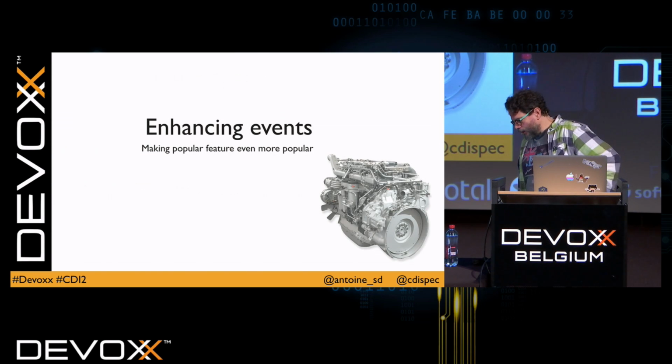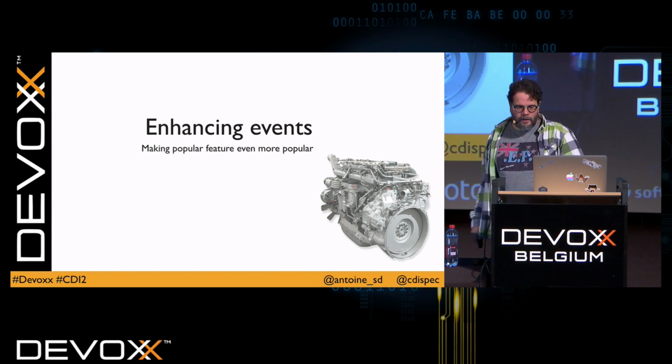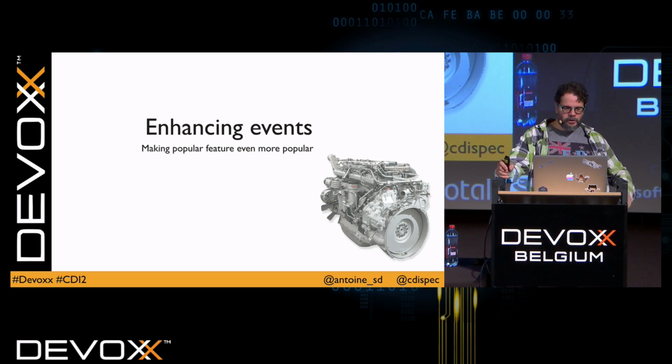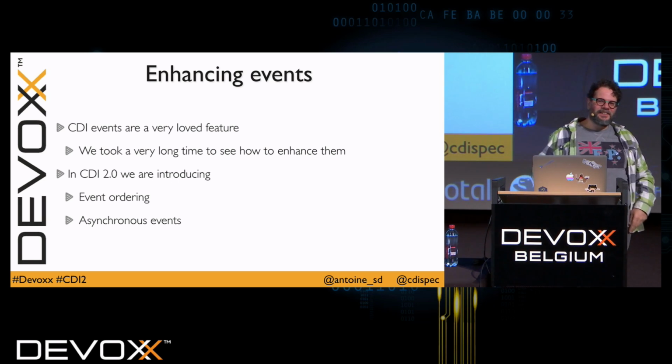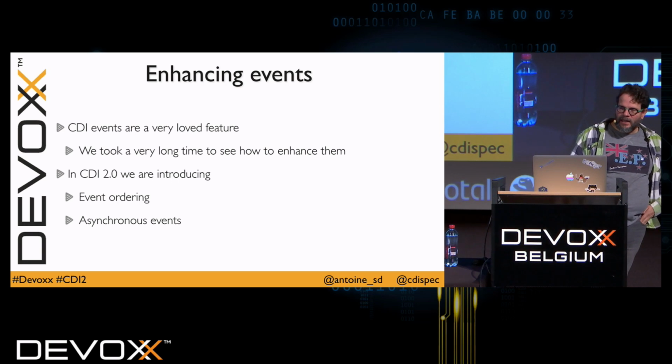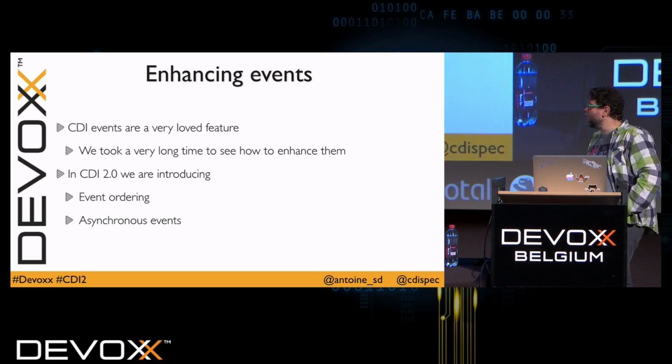Okay, another list of features that we worked on is the eventing system in CDI. As I said in the introduction, it's a very popular feature in CDI. It took a long time to discuss enhancing events and adding features to them. And the main feature we introduced was event ordering.